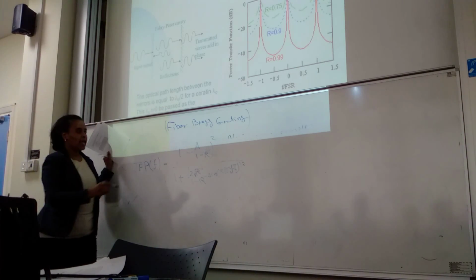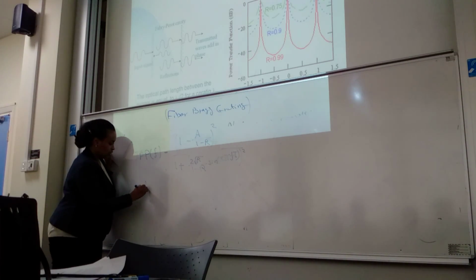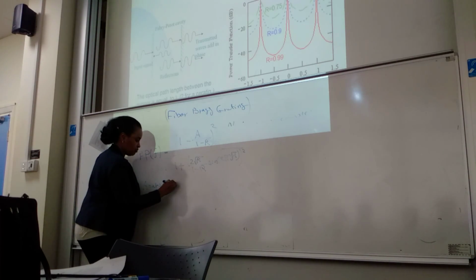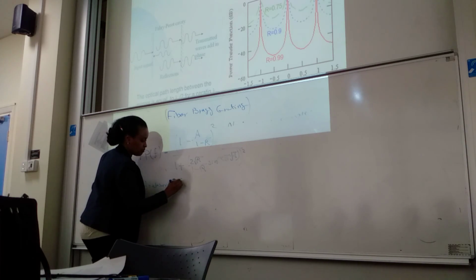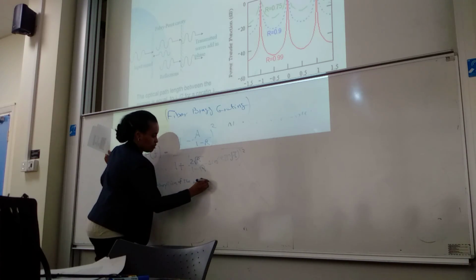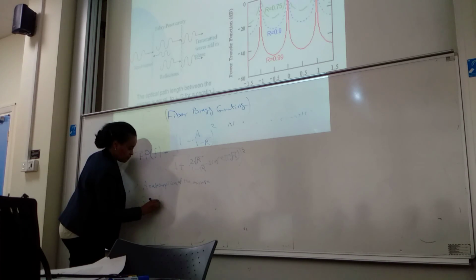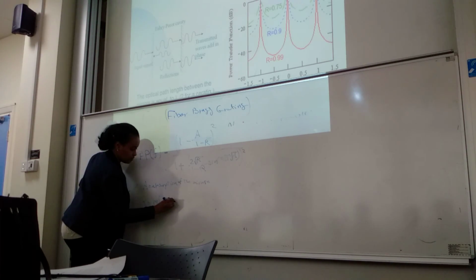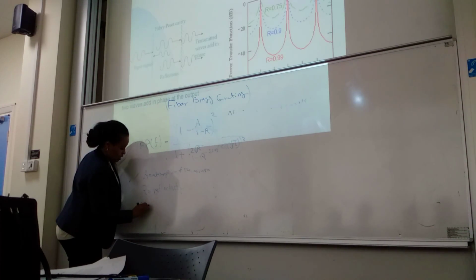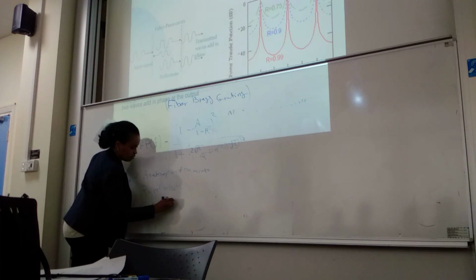Where A is the absorption of the mirrors, R the reflectivity, and tau is the one-way journey.